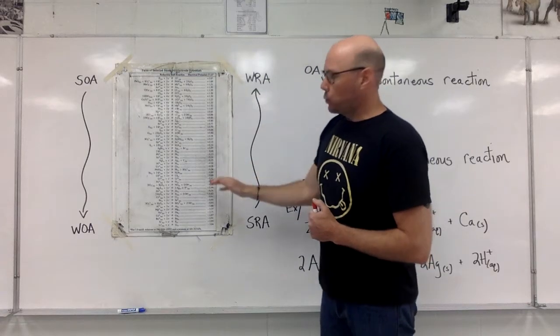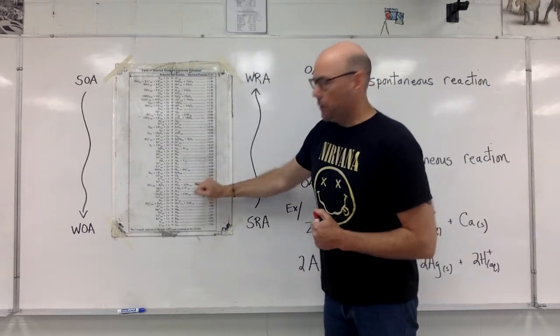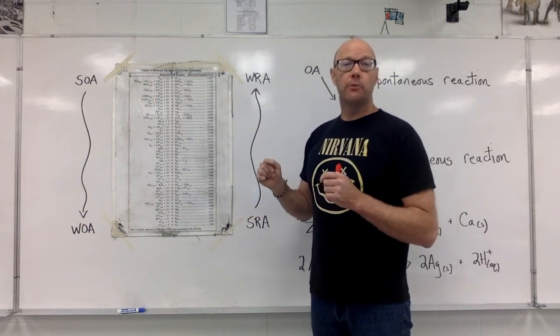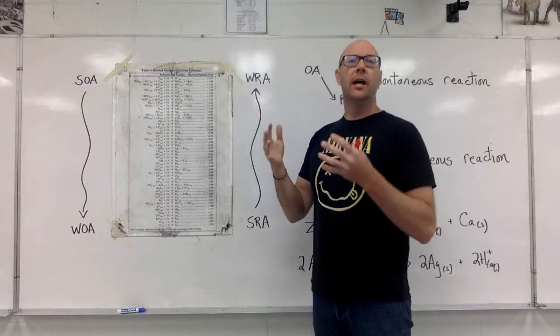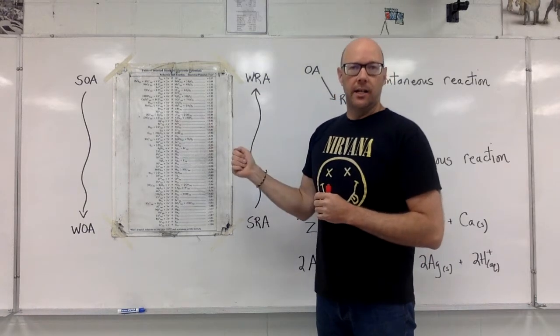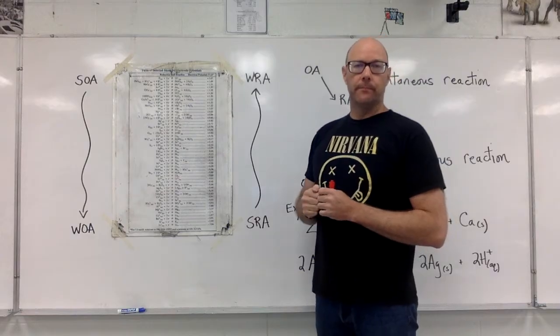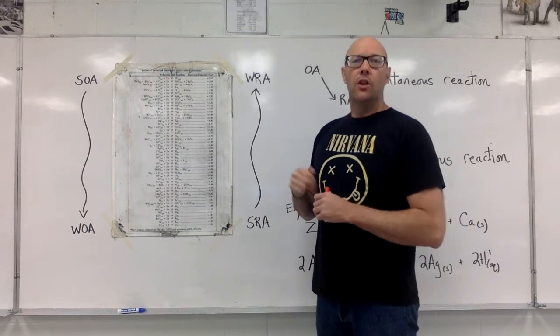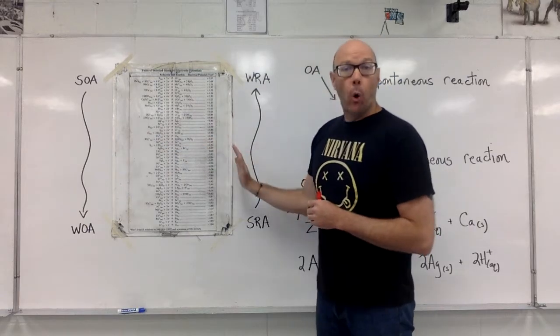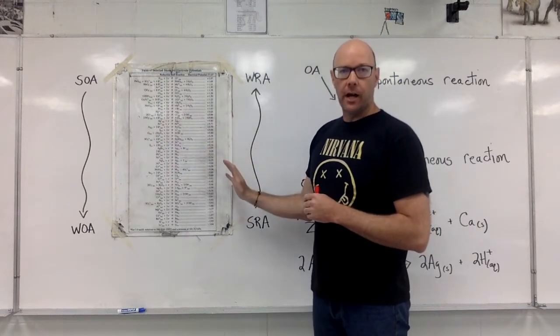There are a few places where water is included, maybe hydroxide ions, so we need to be on the lookout for times where it's two ions in combination that are acting as either an oxidizing agent or a reducing agent.